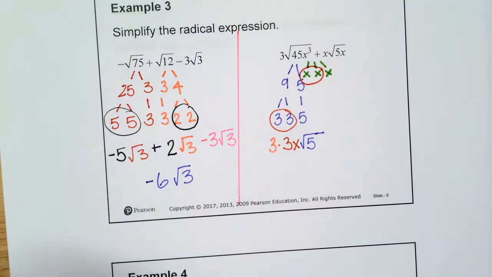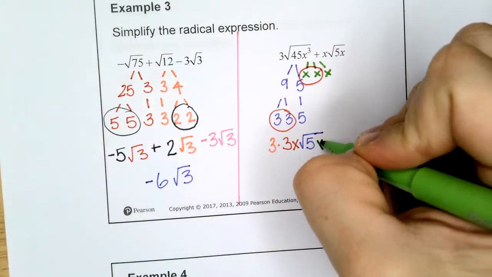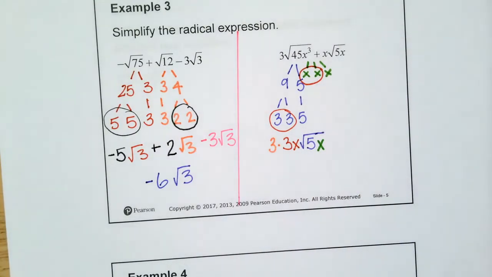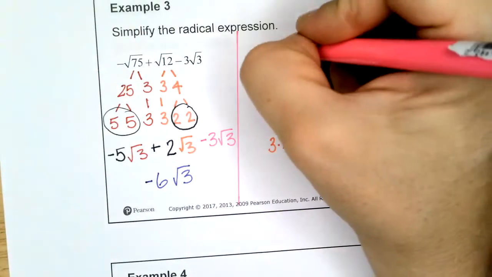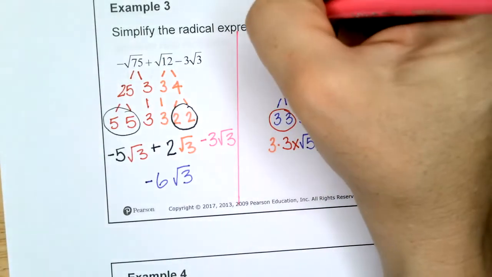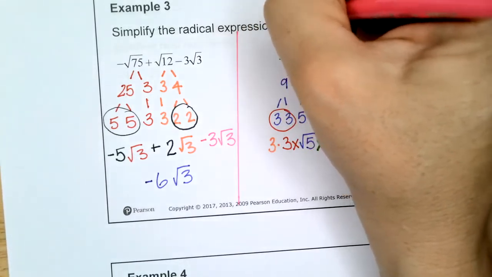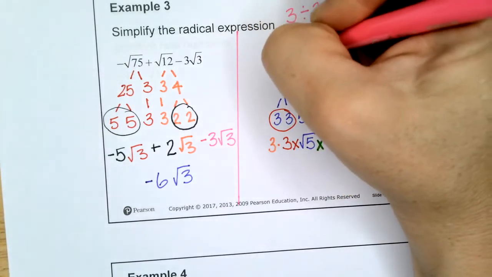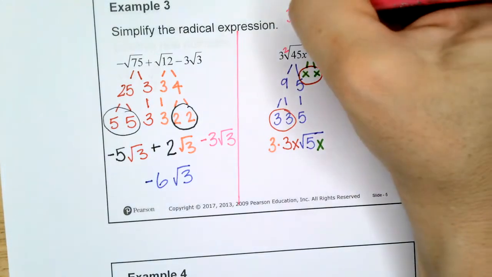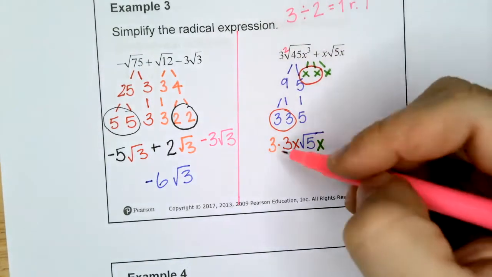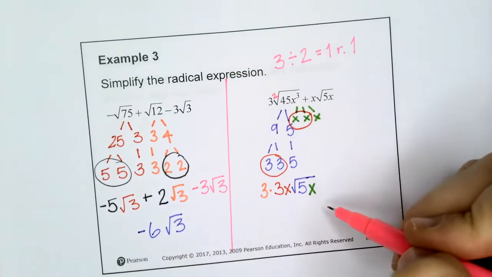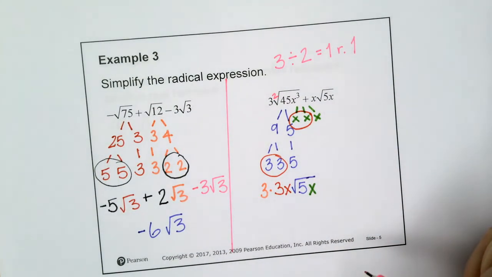But one x has to stay with the 5. It could not be pulled out. Or you can take this number and divide it by this number. We know this is a 2, right? So we can say this 3 divided by this 2 is 1, remainder 1. So 1x comes out, 1x stays under. Okay?